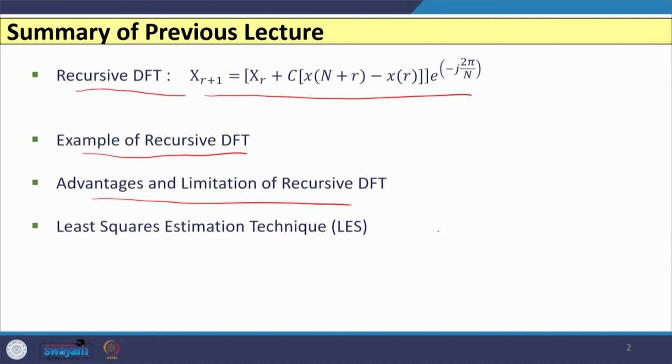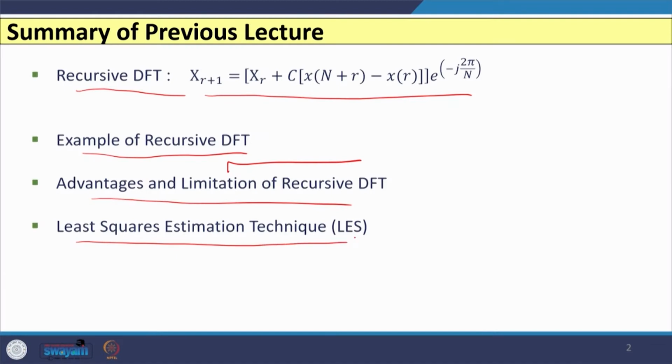However, at the same time the recursive DFT has the same limitation as the full cycle or half cycle DFT have, that is when decaying DC component is present in the acquired signal, say in case of fault, then the accuracy of phasor estimation is not proper. And finally, we have discussed a new phasor estimation algorithm, that is LES technique.